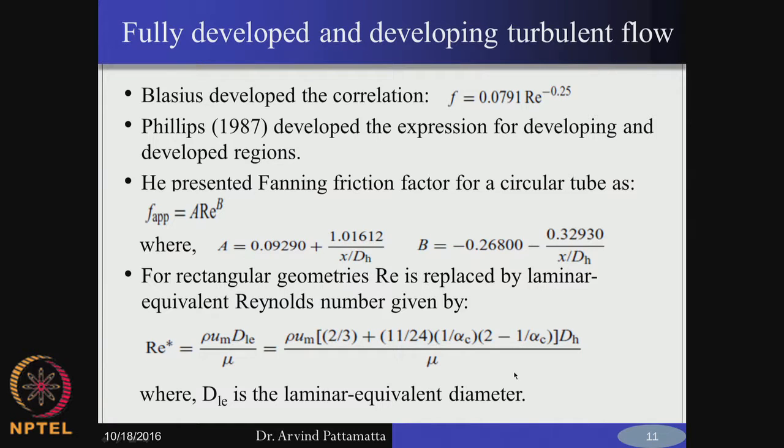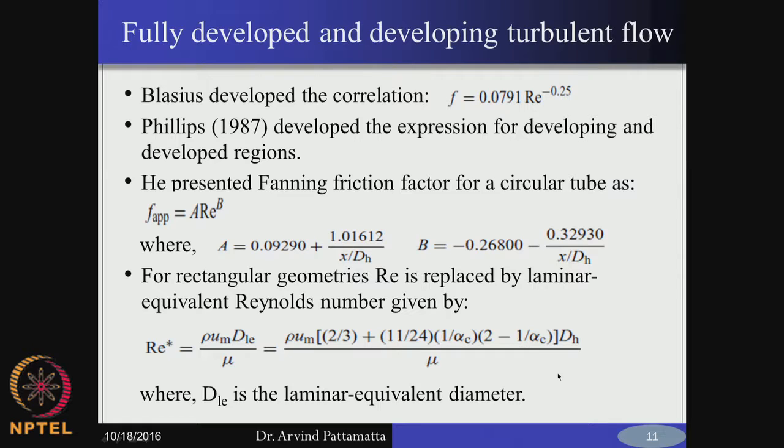Now, if you move ahead to the turbulent flow case, again I have talked about the correlation by Phillips. He has correlated the F apparent as a function of the parameters A and B, which are functions of x by d. All you have to do is put in the value of x by d.